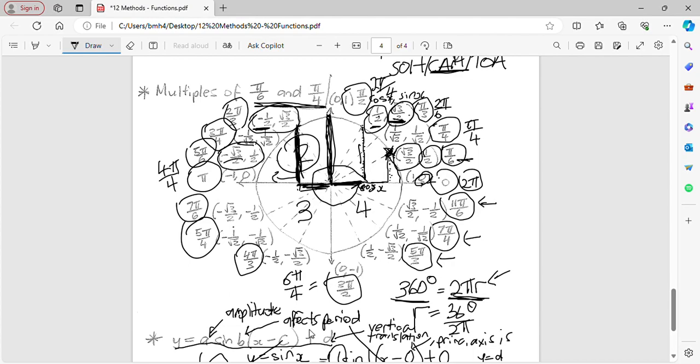So in a lot of cases, when you're looking for answers, say you do all your working and then you get the answer sine of x is minus root 3 on 2.